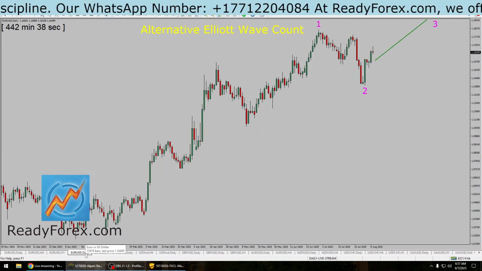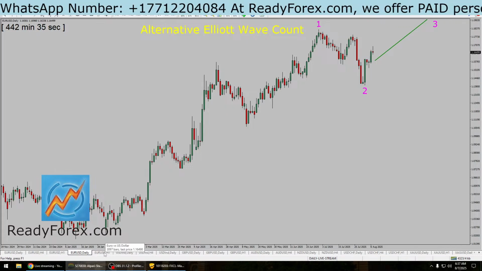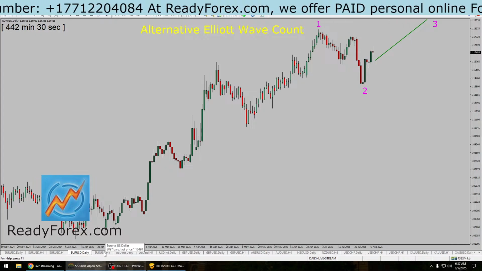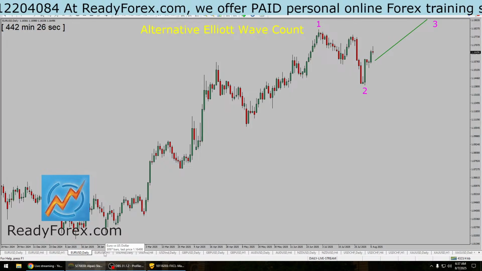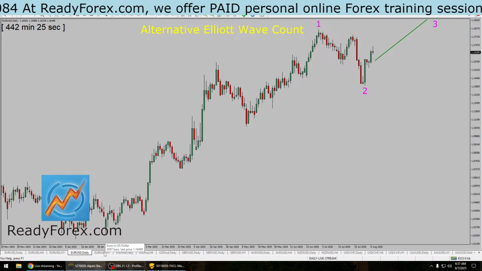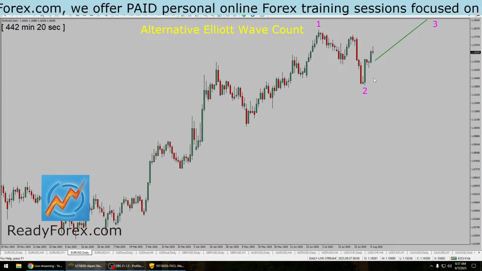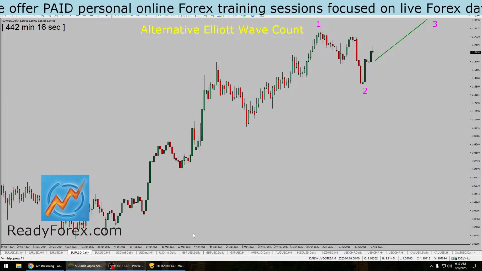Let us take a look at some other pairs as well. By the way, this is the Elliott wave count in the euro dollar currency pair, and this suggests that price action is probably going to rise up over here in euro USD. This is the alternative Elliott wave count.